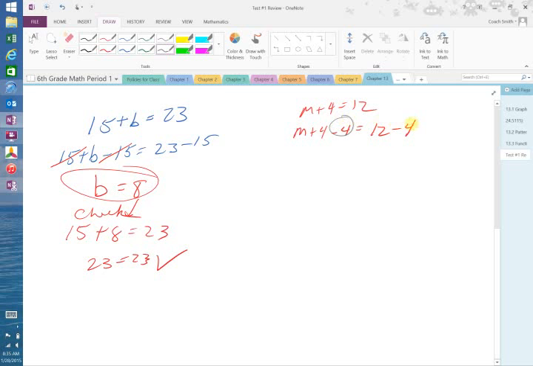Once again, we do this to both sides of the equation to still have an equivalent equation. The plus 4 and the minus 4 cancel out, giving me m equals what? 8. Wow, another 8. Imagine that. That never happened before, I'm sure.